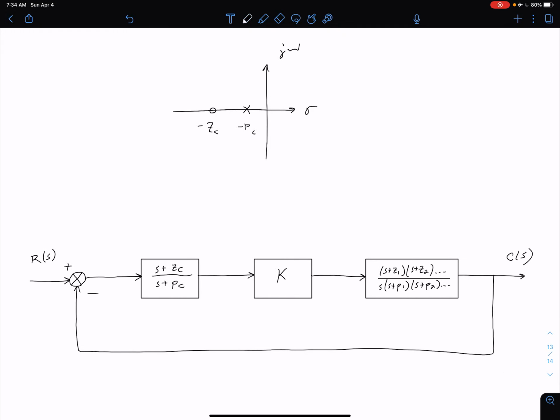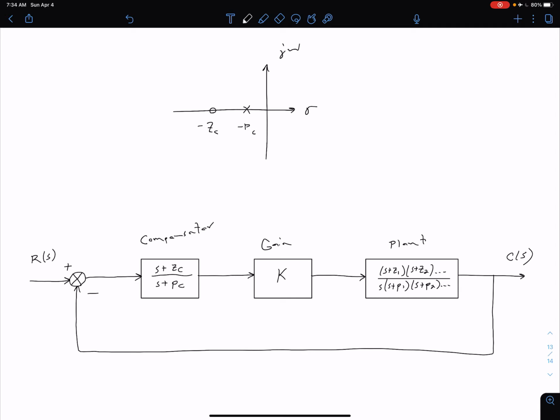So here we have a block diagram for what our lag compensator would look like. Of course we have our gain block K, we have our plant or process, which is represented by some zeros and poles, and then we have our compensator here. Again, notice that it's on the low power side of the system.